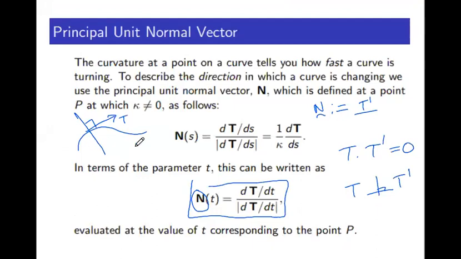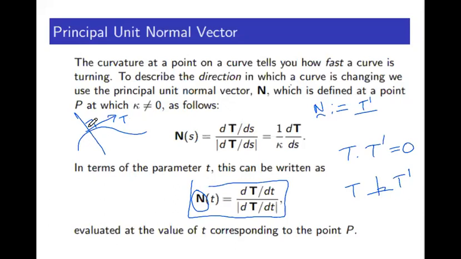If you define T prime divided by its magnitude, we get another unique vector, and this vector is perpendicular to the unit tangent vector.